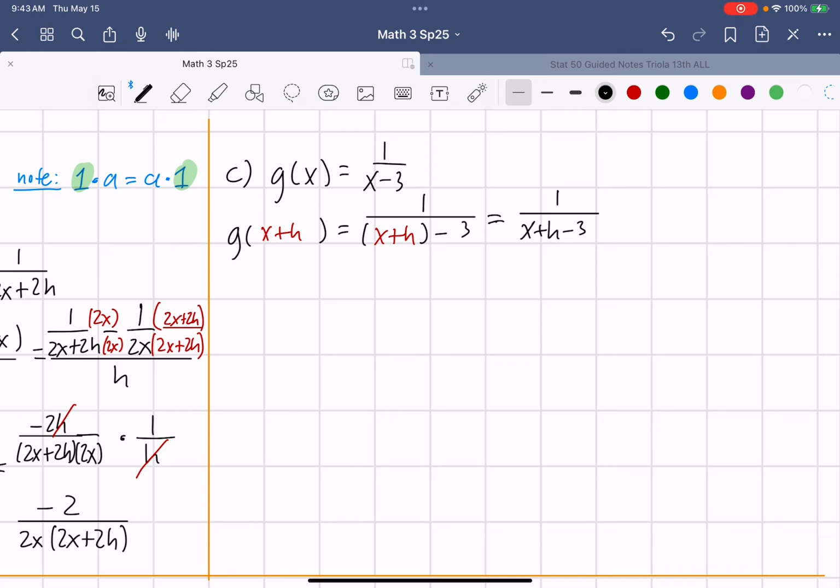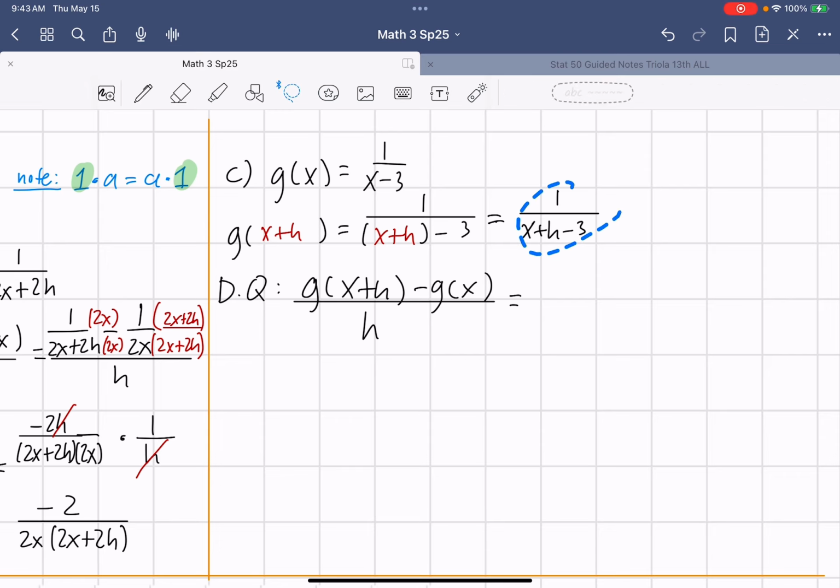Now the challenging part is going to be once we get to the actual difference quotient, which now is going to be g of x plus h minus g of x all over h. But luckily we have it right here. I'm just going to copy and bring it down.